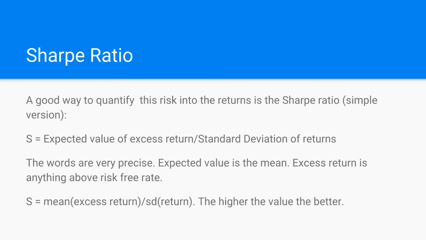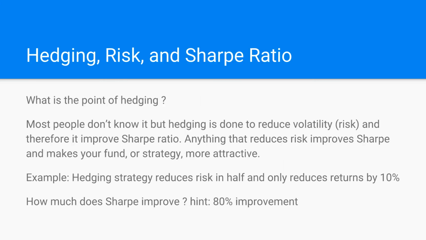For instance, some people think that United States Treasuries are risk-free. So excess return is any return in excess of that rate, whatever the rate is right now, which I bet is very close to 0. It's a very small return. So that's the Sharpe ratio for you. It's a good way to connect risk and returns.